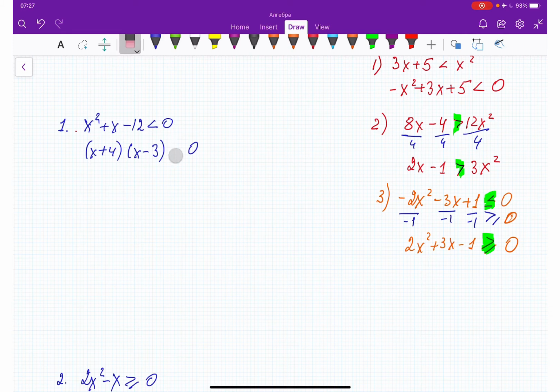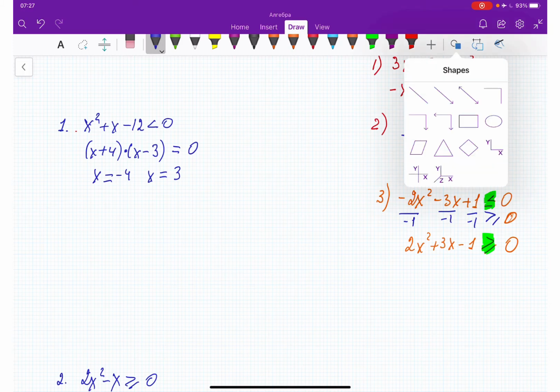To solve, we are going to temporarily treat it as equal to 0. From here, x is equal to negative 4, and x is equal to positive 3, right? Because we have multiplication equal to 0, that means either one parenthesis is 0 or the other parenthesis is 0. So what do we get here?